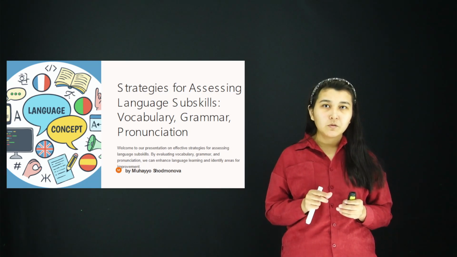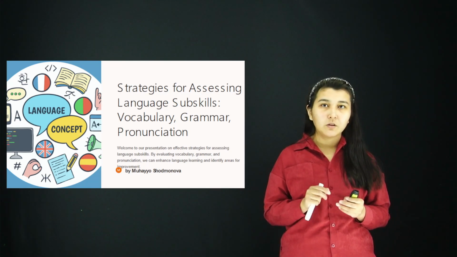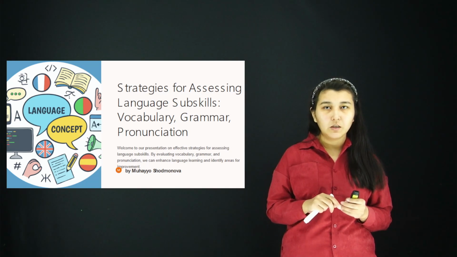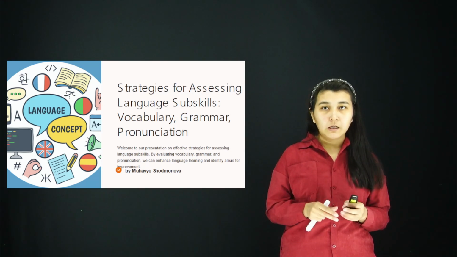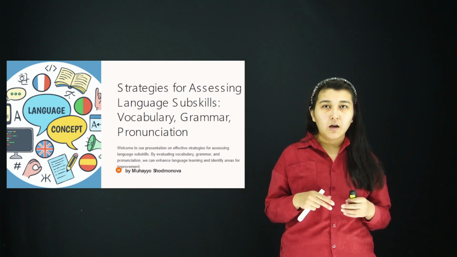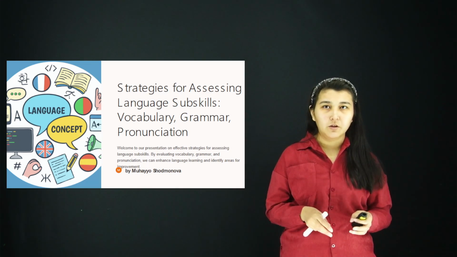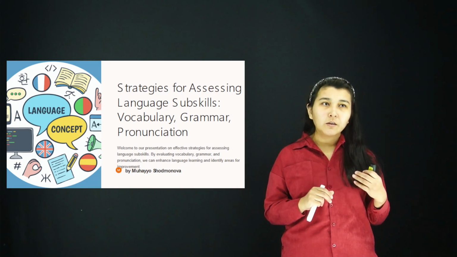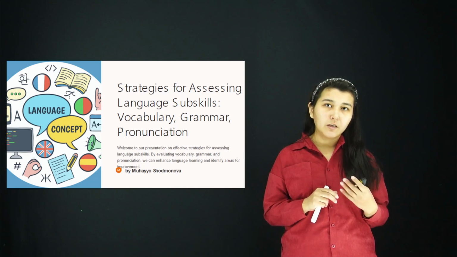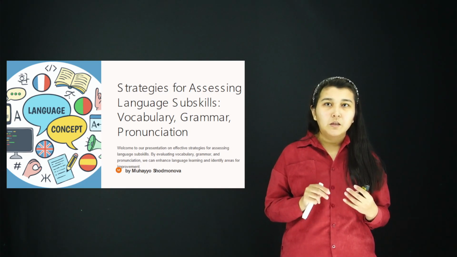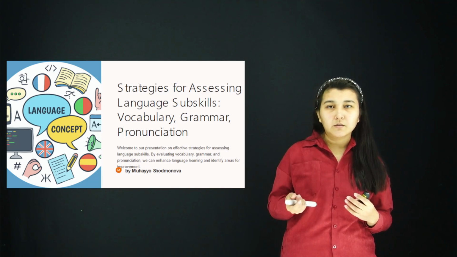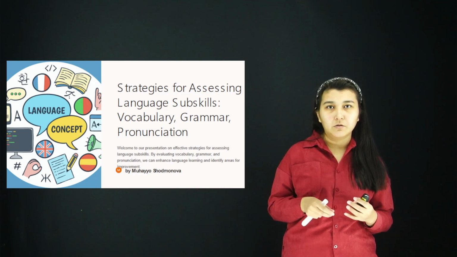For example, without grammar and vocabulary and pronunciation, we cannot learn the whole language, and we cannot say I have learned the English language. Yes, because if we learn these three subskills clearly and well, we can say that yes, I have learned the English language.